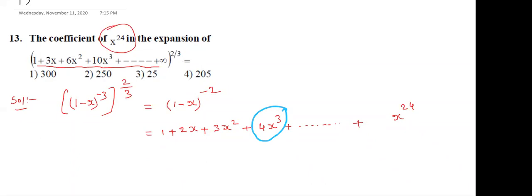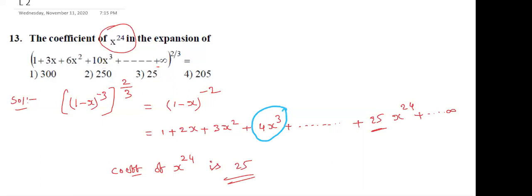So whatever the power is, add 1, and we get the coefficient. So finally, what is the coefficient of x power 24, students? 25. This is the answer. By observing the previous terms, I have written it directly. So which option is correct, students? Third option.